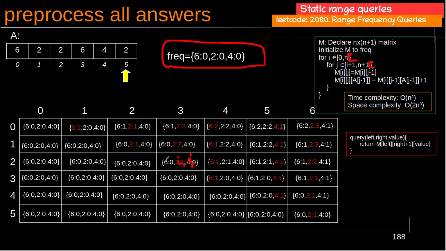First, it will take the values or the dictionary or the map of the previous cell. Then it will be updated. The value of the given element will be updated by this instruction.